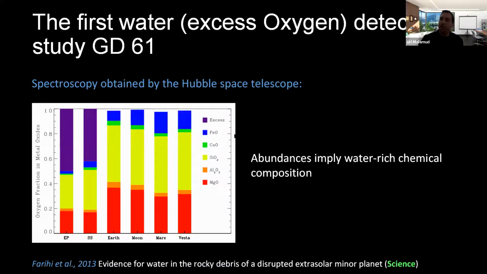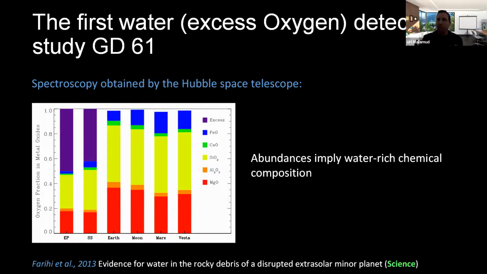And then they started finding more and more of these white dwarfs with Earth-like polluting material until several years later, they found the first atmosphere that has really a lot of oxygen in it. So what I mean by excess oxygen is just more oxygen than what you would expect to find if you only look at the metal oxides, rocks that have oxygen in their composition.